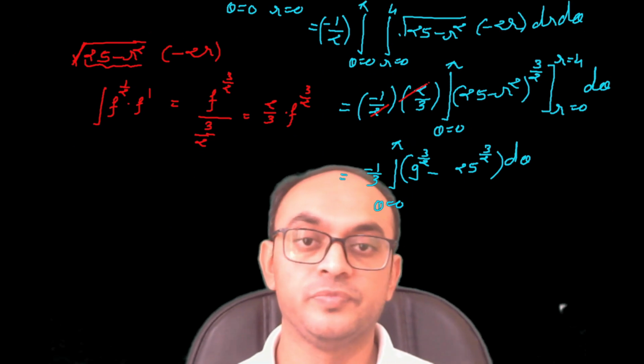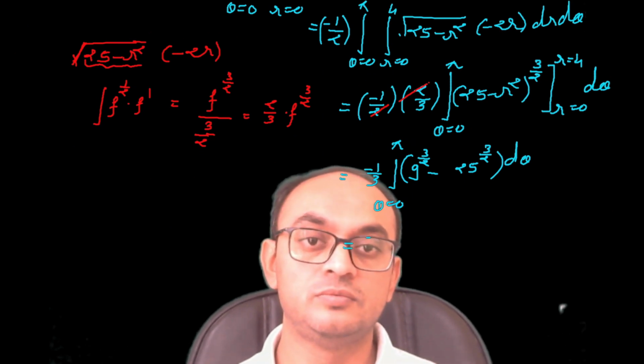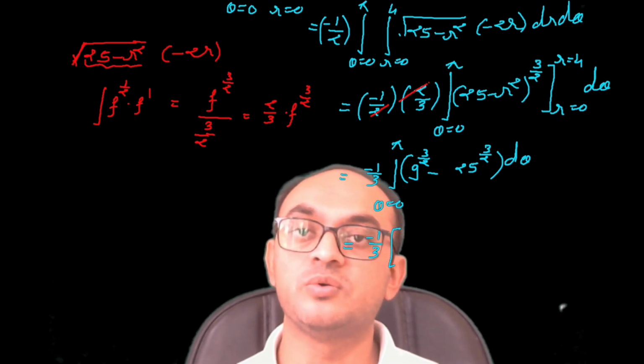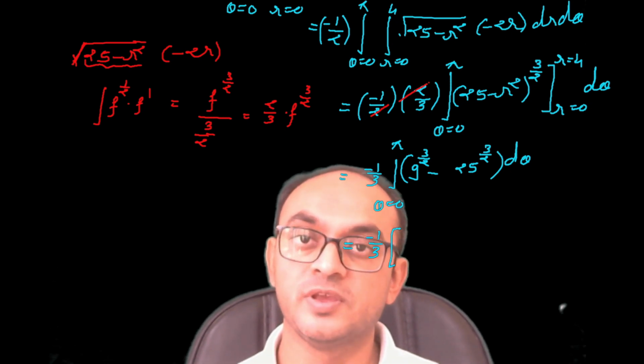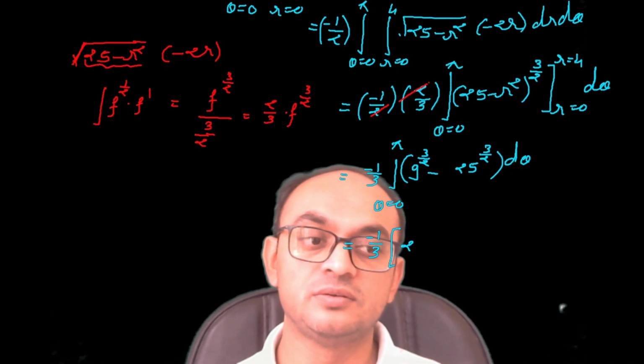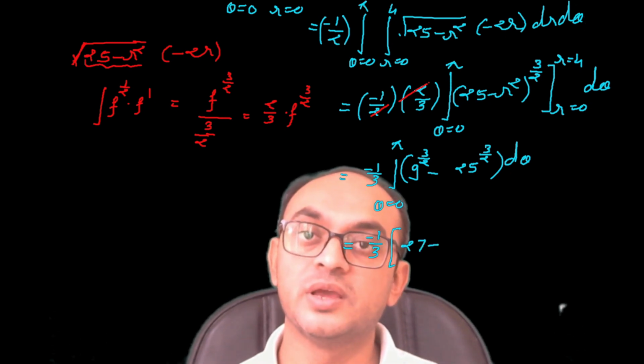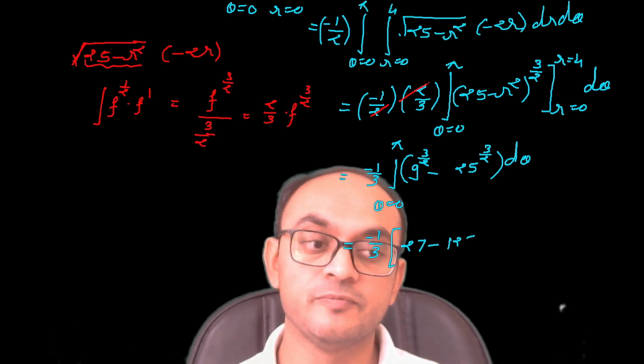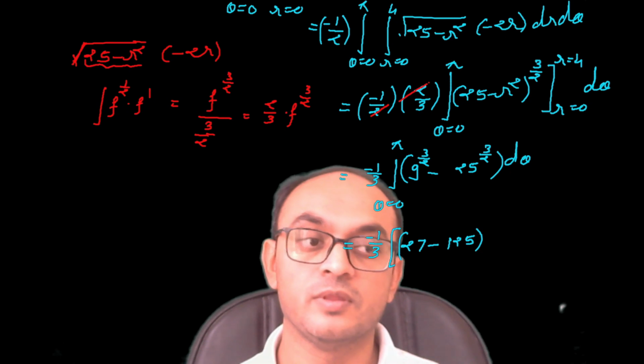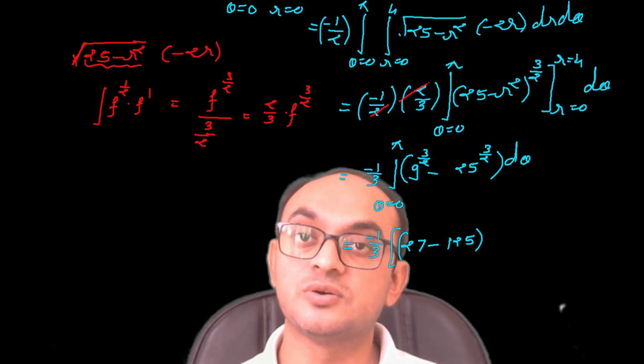So first, what is the square root of 9? It is 3. 3 cube is 27, minus, what is the square root of 25? It is 5. 5 cube is 125. Then this is the constant quantity.